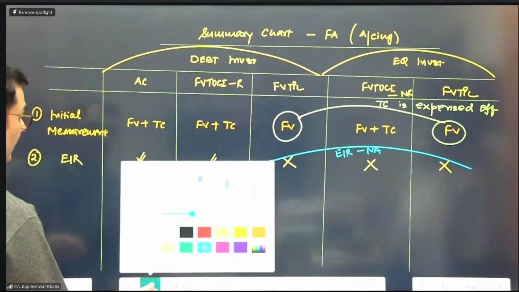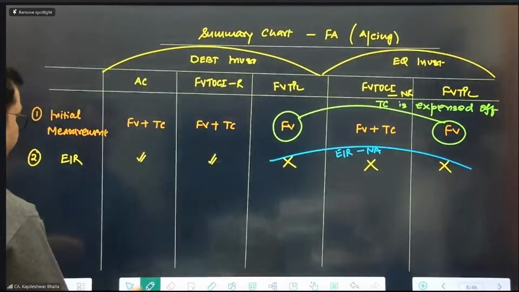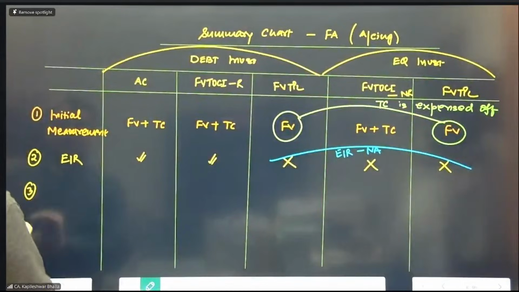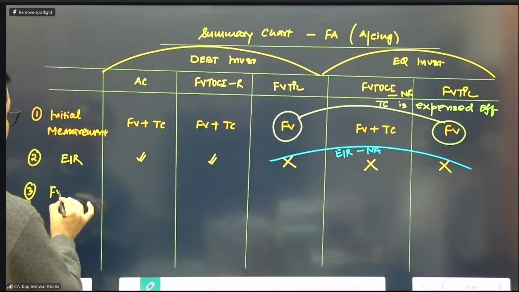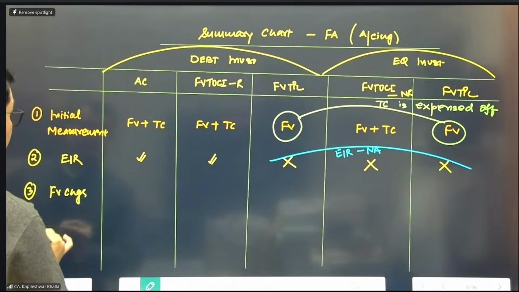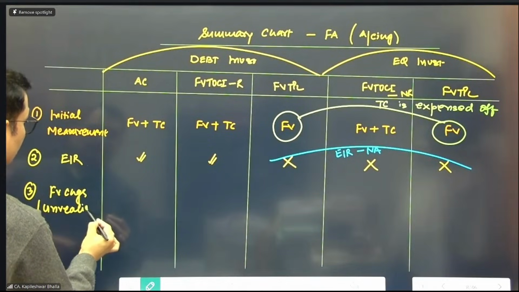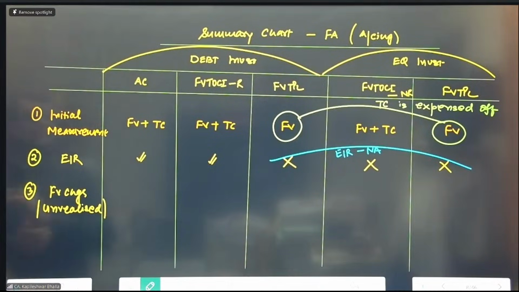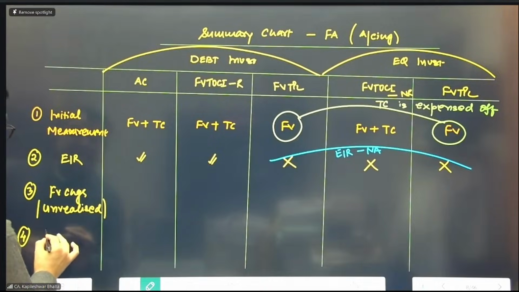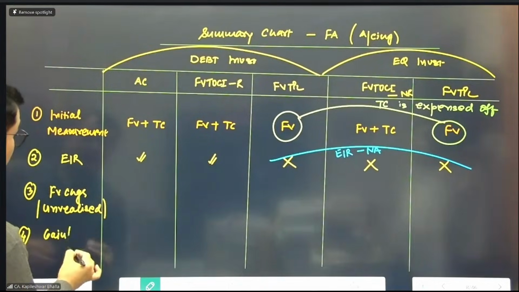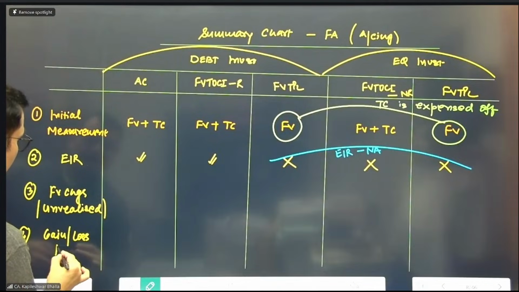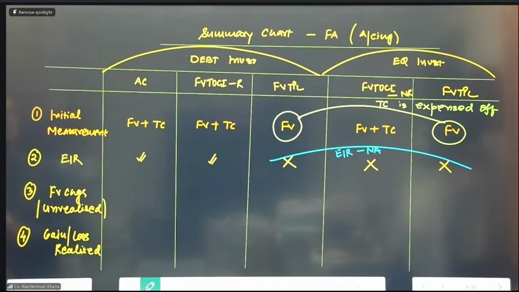Let's go to the next one now, the crucial point again. We're looking at fair value changes that are unrealized, and we're also looking at the gain or loss which is realized in nature.